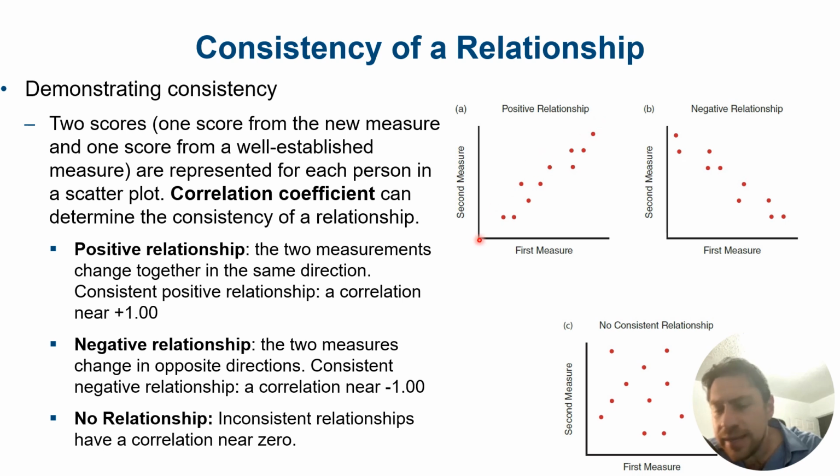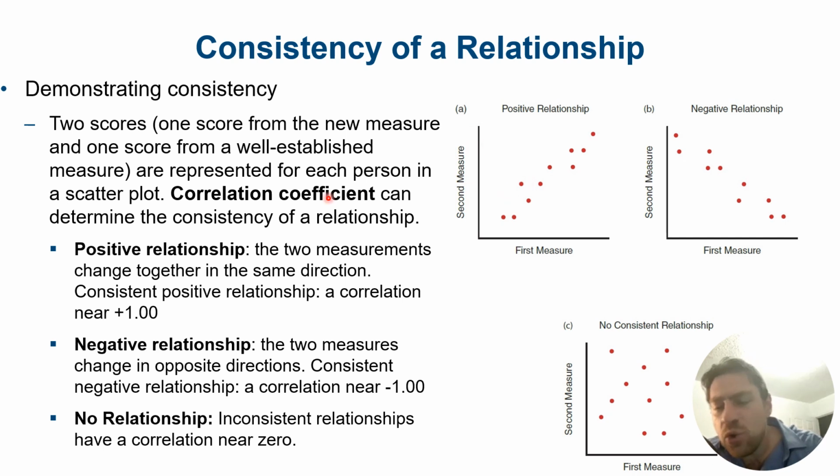And the idea is an increase in one variable corresponds to a similar increase in the other variable. So for example, height and weight would have a positive relationship. The taller you are, the more you weigh. Number of hours spent studying and grade on the exam. The more hours you spend studying, the better you do on the exam, again, on average.